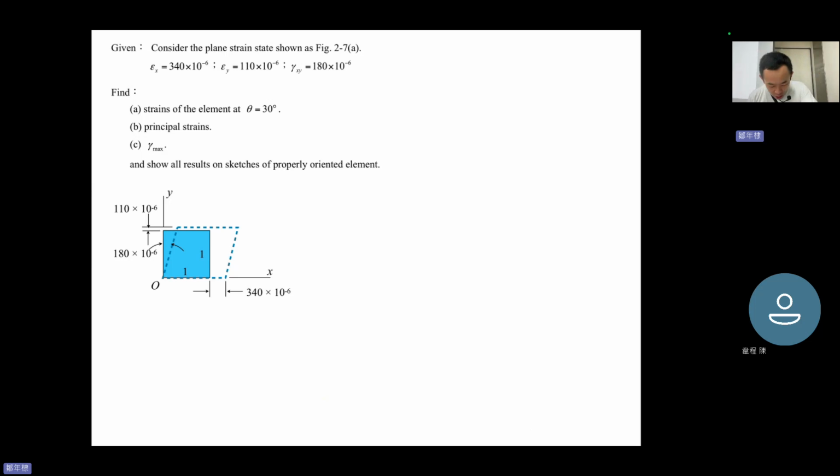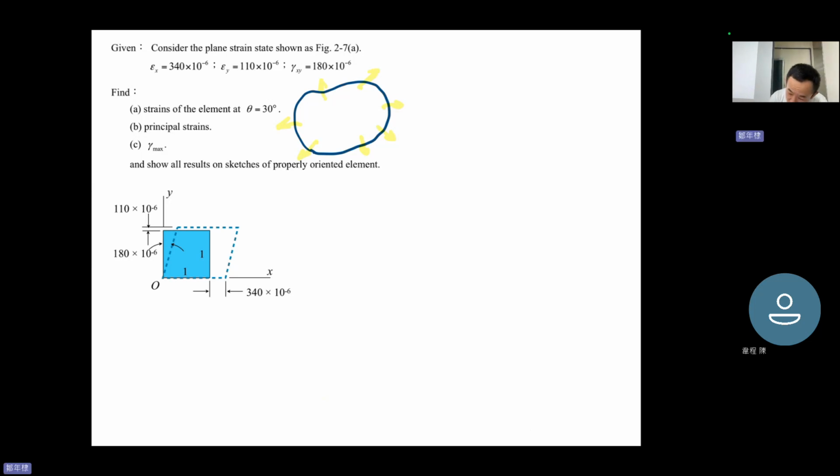Okay, so let's continue to the final example. All right. So consider the plane strain like this. You can imagine that you have a whatever-shape material, and you have whatever loading, I don't care.